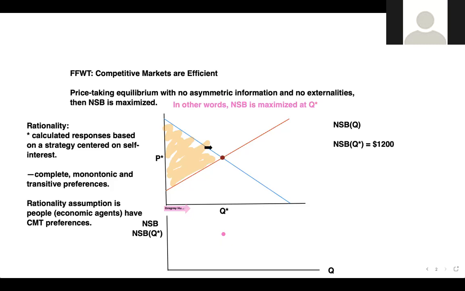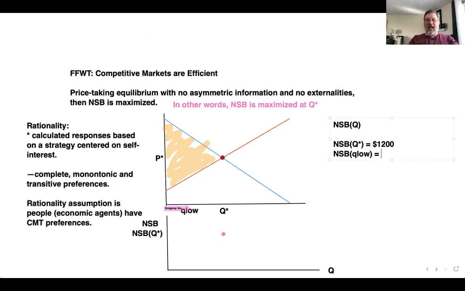Yeah. So one thing I might do is pick, let's call this Q, and I'll put it as a little q, low, which is a quantity that's lower than Q star, right? And then I could go ahead and calculate, again, NSB at Q low.